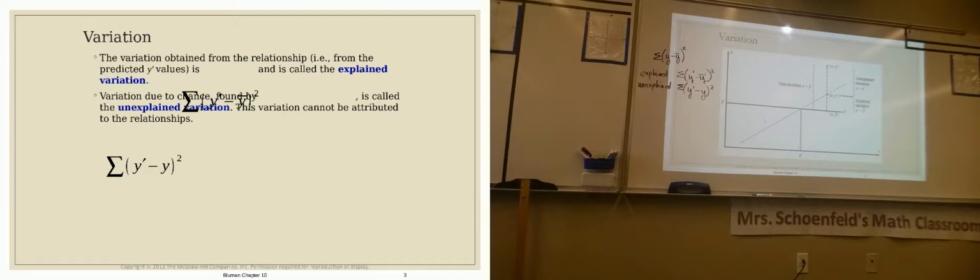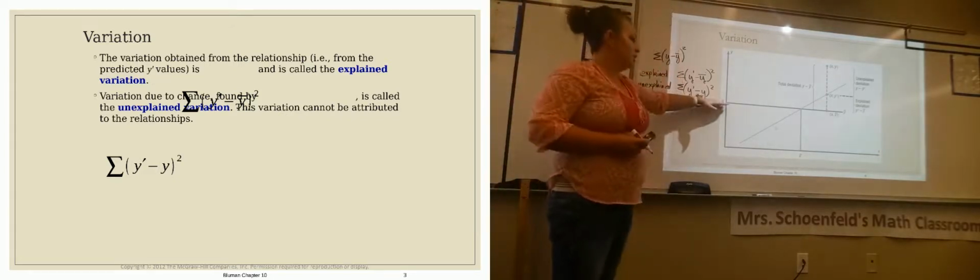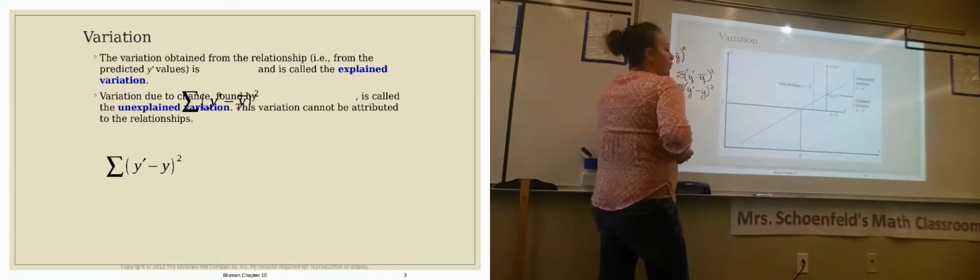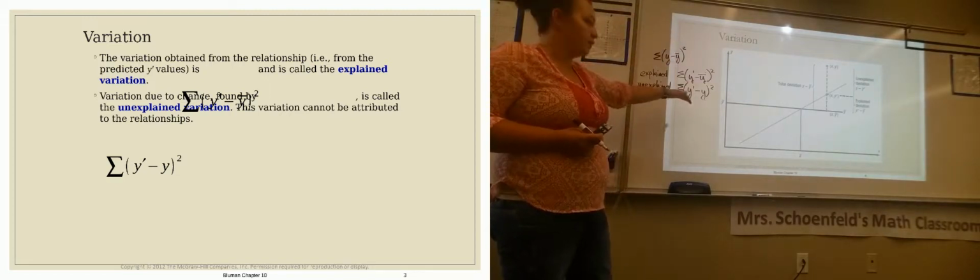Okay, so the total deviation, when we think about it, y bar is that average, the average of the whole total, all of the things. We can make our calculator find our y bar for us.